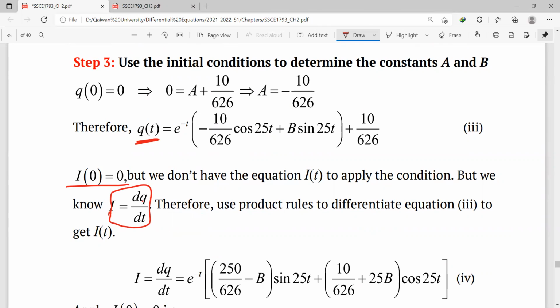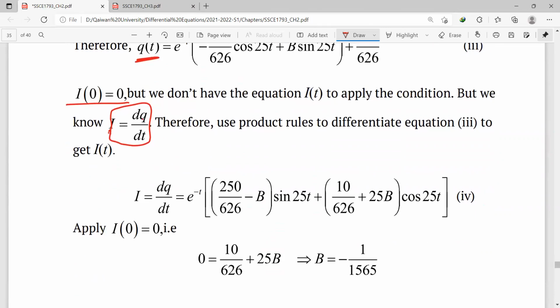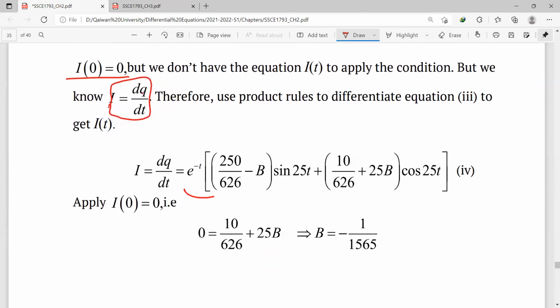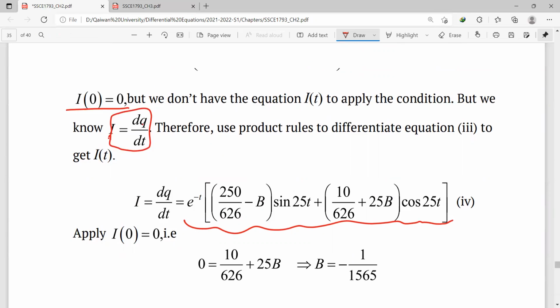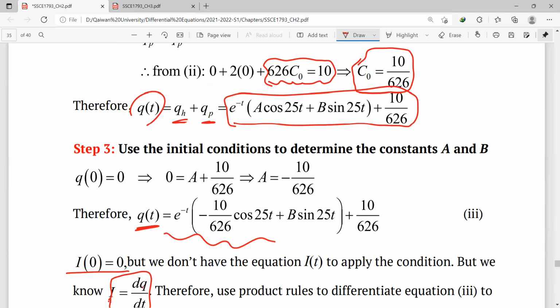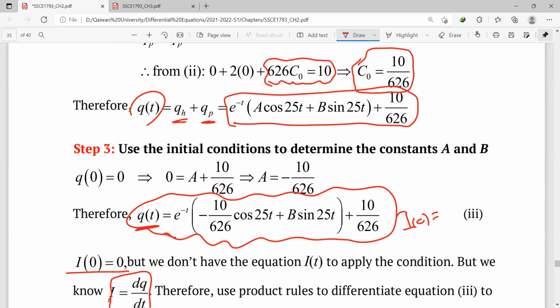You find the derivative of the solution, and we get this. This is the derivative of the solution. Why? To get I of 0, to apply I of 0 equals 0, we should get I. We say I is the derivative of Q. So you find the derivative of Q to get I. Okay?